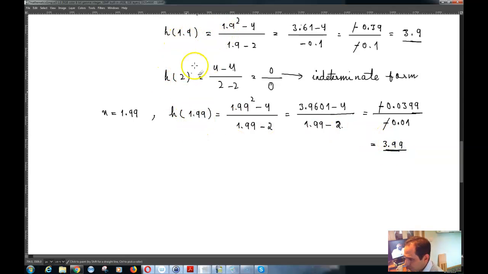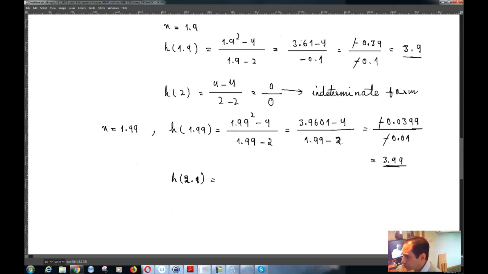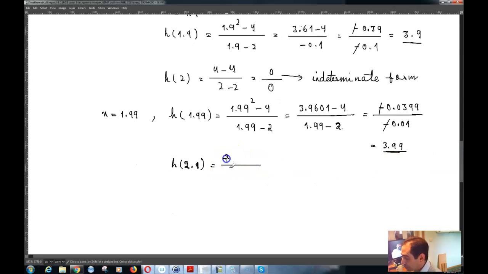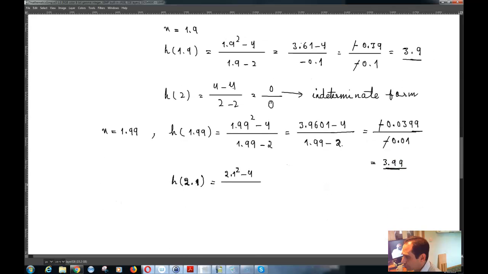Now if you go the other way around, meaning that if you approach 2 from the right, you will get, for example, h of 2.1. So h of 2.1 would be 2.1 squared minus 4 over 2.1 minus 2.